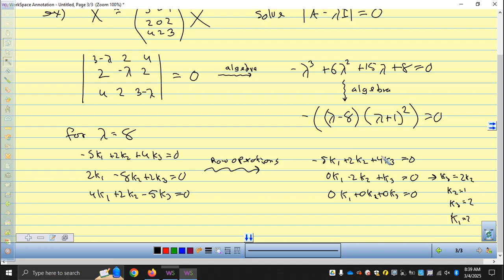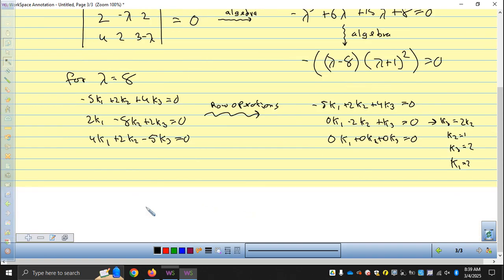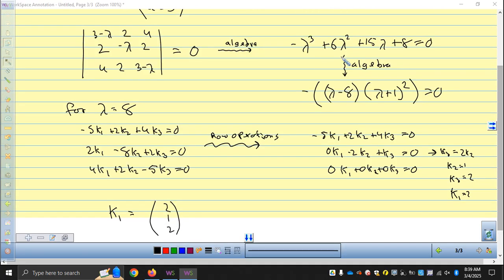Just substituted these two values into the first row to get k1 equals 2. So our first eigenvector, k1, is 2, 1, 2, corresponding to lambda equals 8. And there's a lot of stuff in between here.